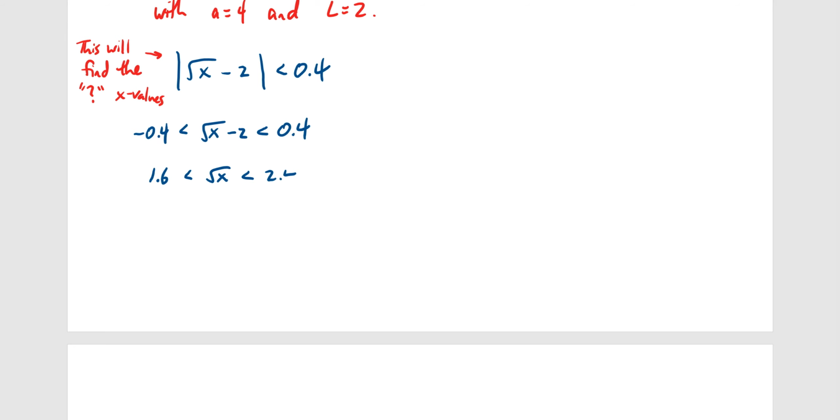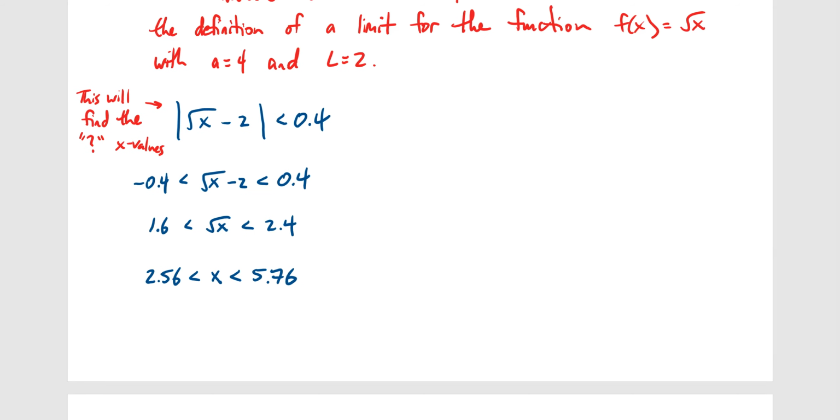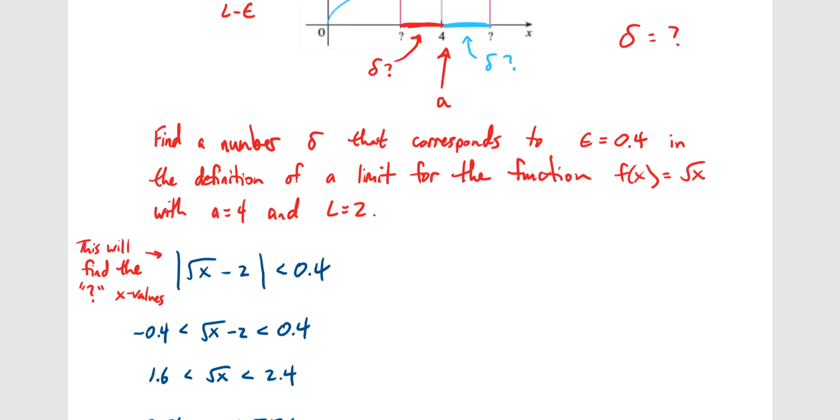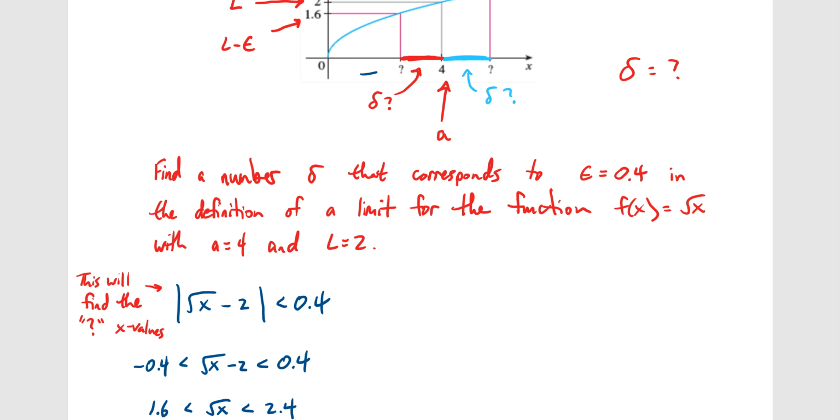Add 2, we get 2.4. And now we square both sides. And we get that x has to be between 2.56 and 5.76. So that is what these values are right here. That's what these question marks are.